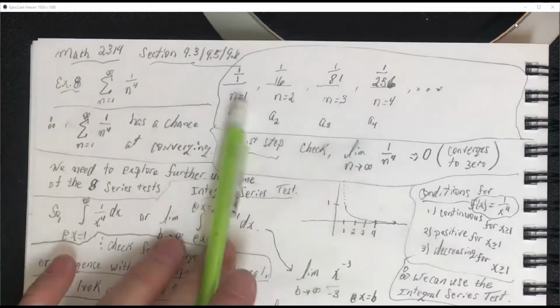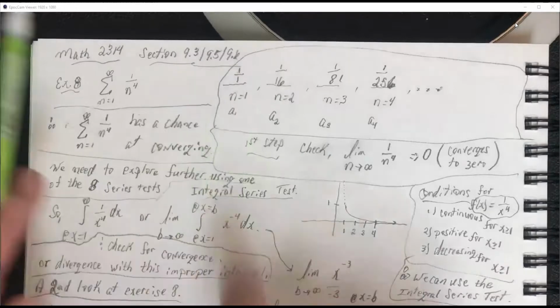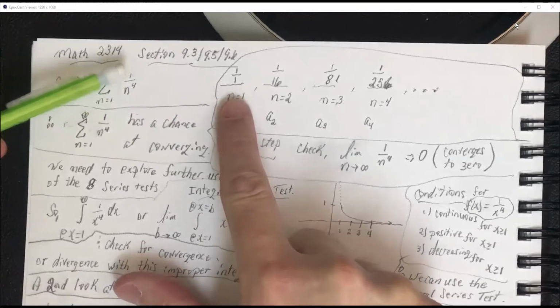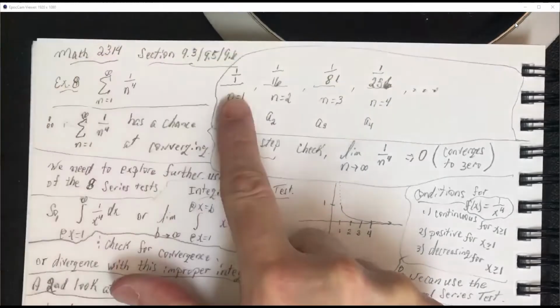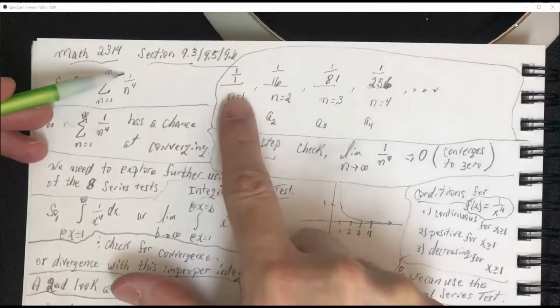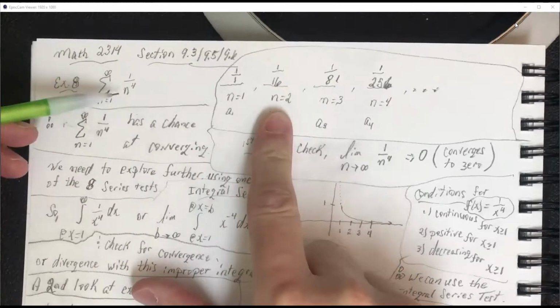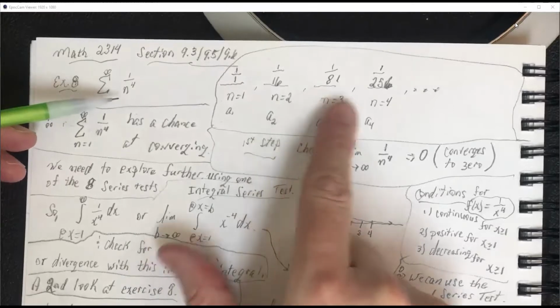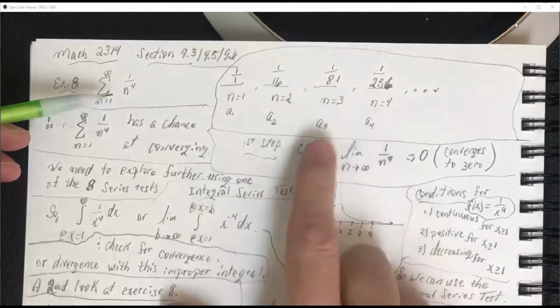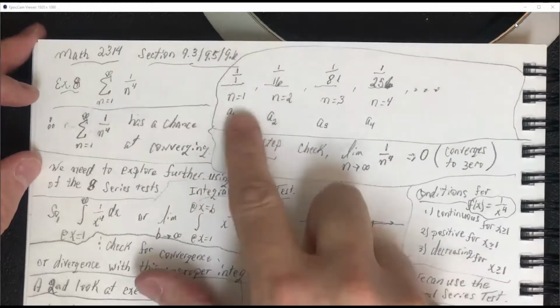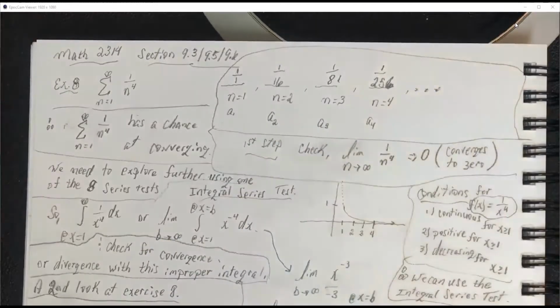So let's see here. So here are the first terms. We put a 1 in, and we get 1 to the 4th power is 1, so 1 over 1. All the numerators are going to be 1 because of the formula right here, of course. And if we put a 2 in, 2 to the 4th power would be 16, 3 to the 4th power would be 81, and so forth. And our first step is always to check, well, are these individual terms, as we go out forever, getting smaller and smaller, closer and closer to 0?